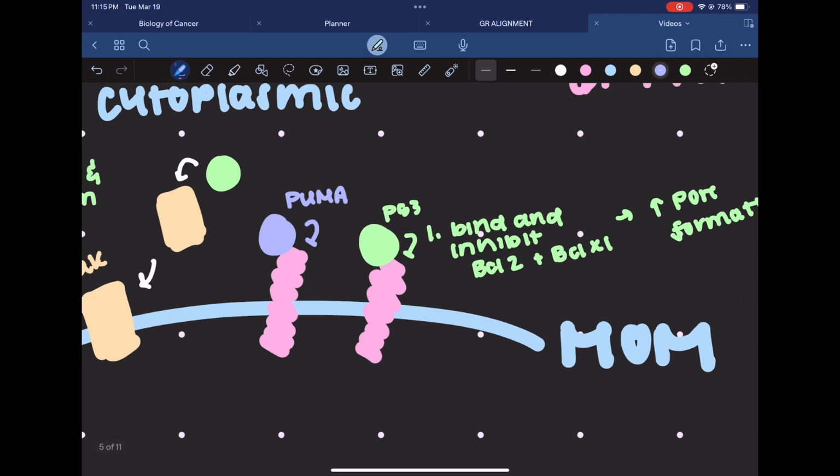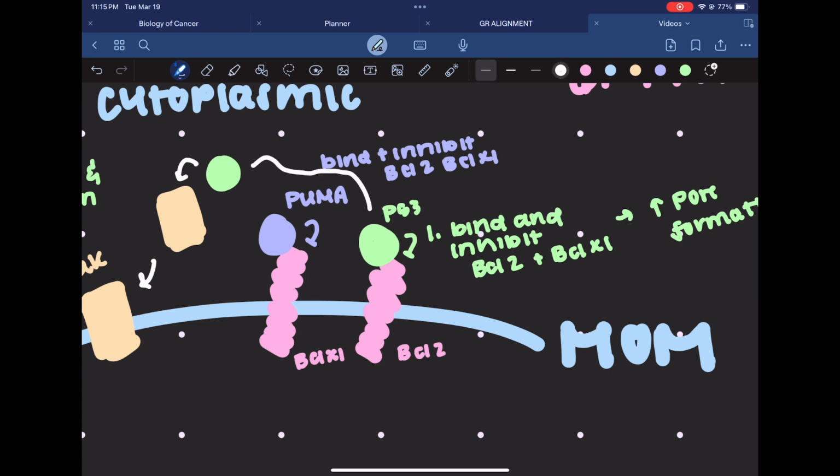So PUMA can bind and inhibit BCL2 and BCL-XL, which I didn't label, but maybe this is BCL2, and maybe this is BCL-XL. And that frees up p53 to be able to engage in more of this kiss and run activity, right?